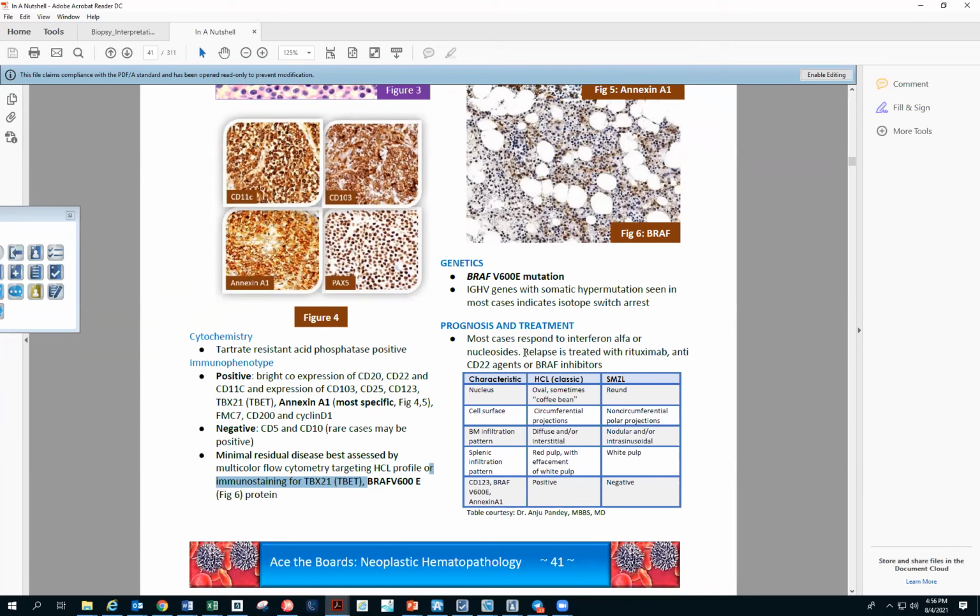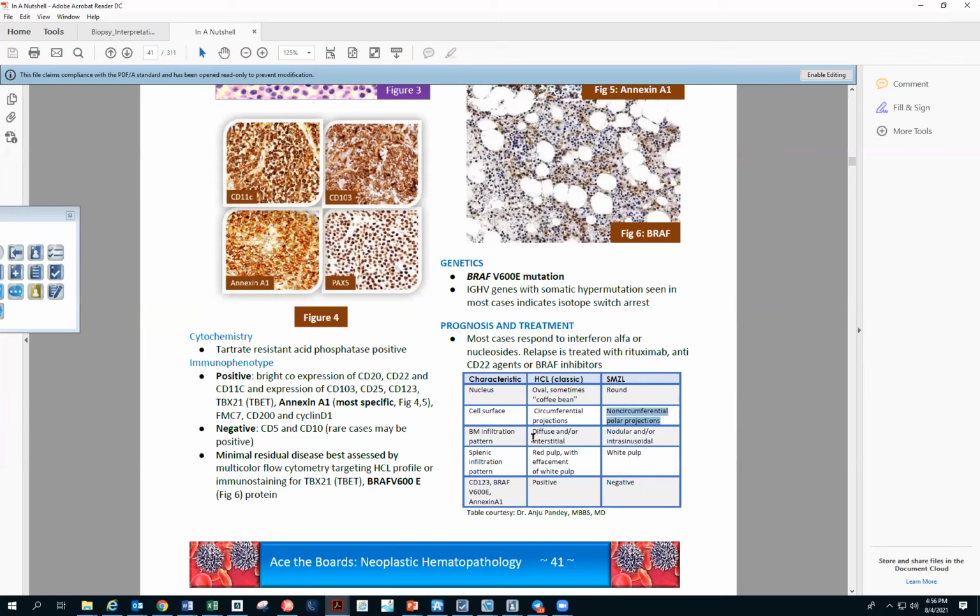Now, coming to the splenic marginal zone and classic hairy cell. So coffee bean nuclei, oval nuclei is seen in hairy cell. I mean, it's hard, but it will be round nuclei in the splenic marginal zone. This is important: the polar projection, non-circumferential projection in the splenic marginal zone. This one is more circumferential.